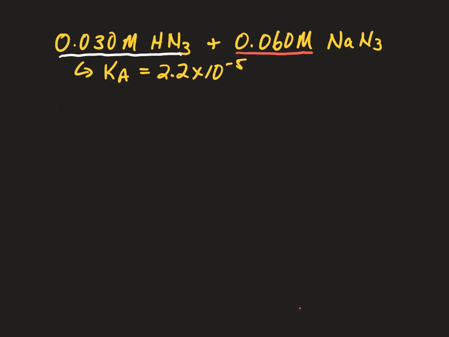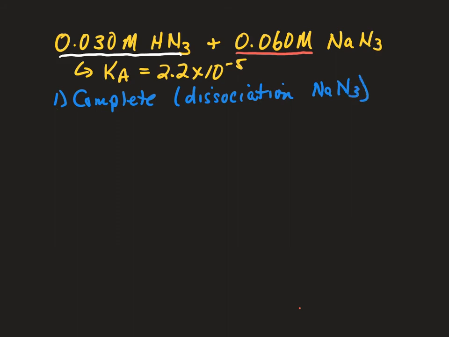Again, we start with our complete process. You always start with complete processes first, and in this case, that's going to be the dissociation of the soluble sodium azide. And so you've got sodium azide going to sodium ions and azide ions.